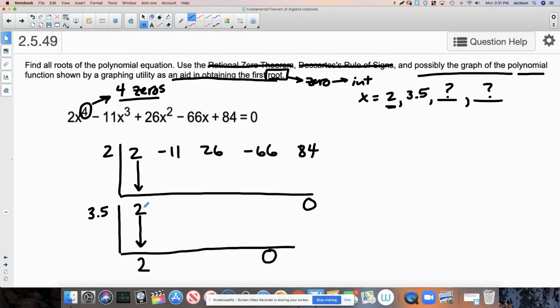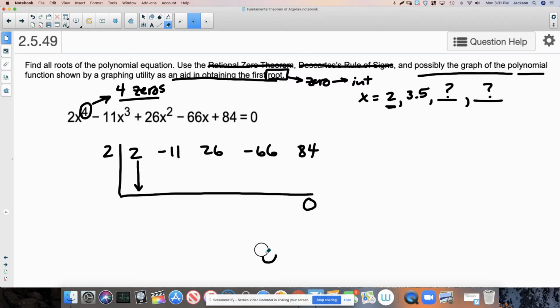This is 2x cubed, right, after one round of division. After this second round of division, this is 2x squared. So this is going to end up being a quadratic. And when we get quadratics, we've got different tricks that we can pull out, right? So I'm putting this 2 here, and I got ahead of myself. So if it's all right with you guys, I'm just going to erase this. I'm going to erase this too, because I don't want to have to fit the whole thing in here.